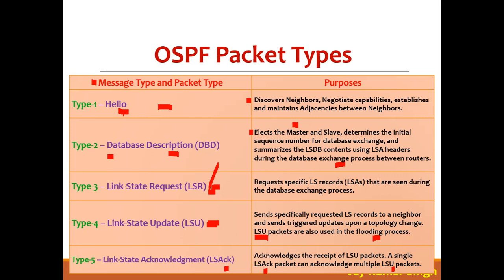Normally we have hello, then the database description, then LSU, then LSAck. LSR is only when there is a route missing, and it's not frequent. When there is a route missing, he will generate LSR. If everything is fully converged, there is no need for LSR.